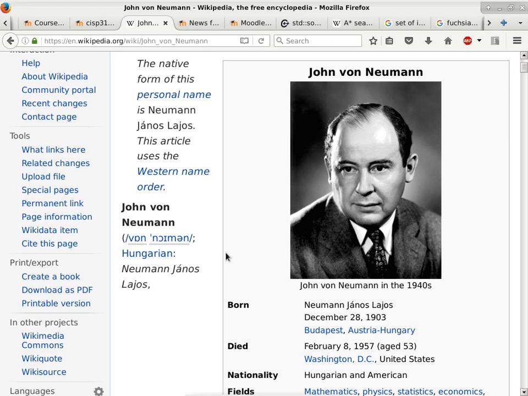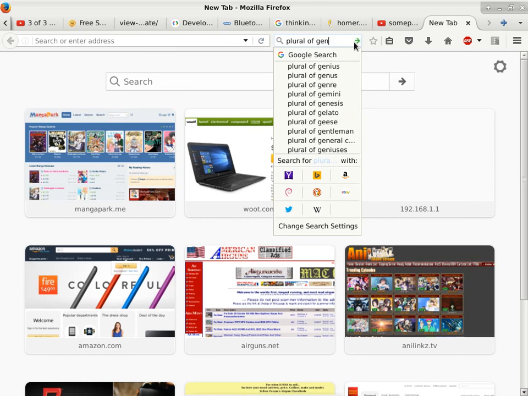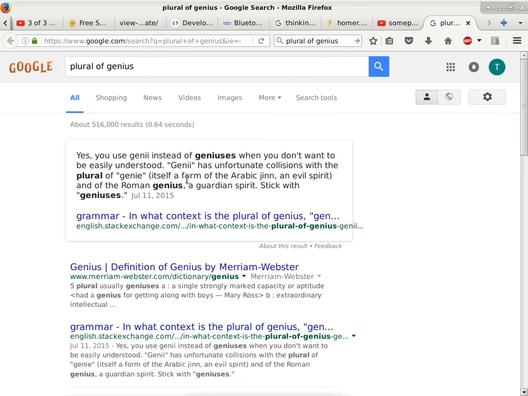What is the plural of genius? Geniuses? Okay, my INTP plus ADD nature makes me do this. Okay, see, that's my ADD kicking in right away. I'm looking it up. Oh, yes, thank you. You use genii instead of geniuses when you don't want to be easily understood. Fine, stick with geniuses.